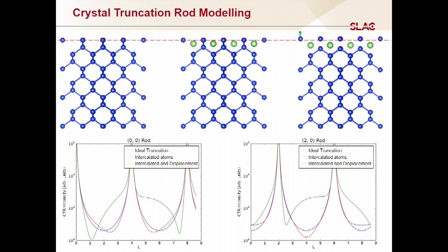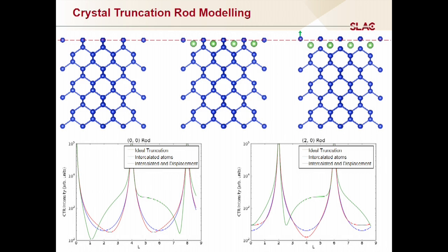If I stick something in that surface, and this is something very light, just some lithium, so it's not a very strong scatterer, you end up with this red curve. And so you see that you get a significant change in the shape in the 00L, and you also get sort of an up and down behavior in these troughs for the 20L.